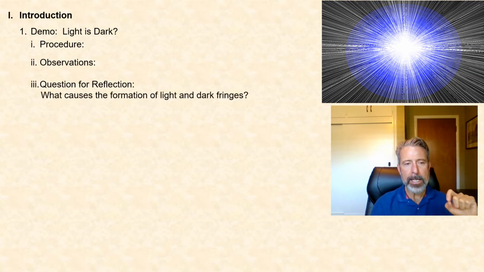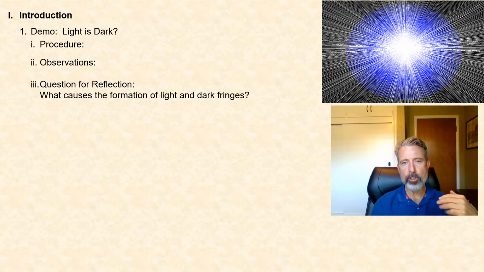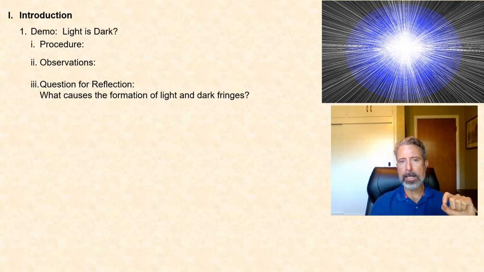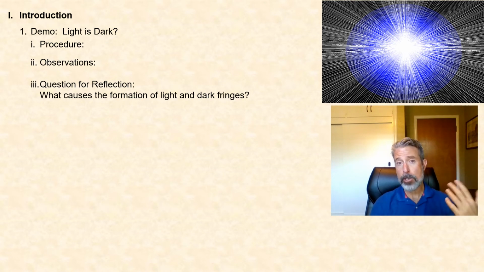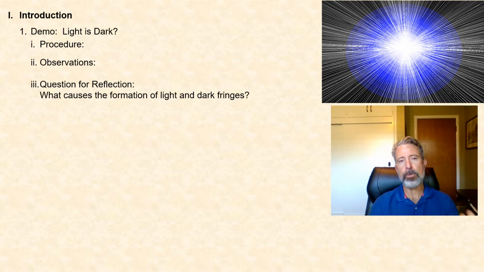So in trying to answer the question, what causes the formation of the light and dark fringes that you see on the screen? It turns out that the ray model of light that we used in our discussion of both reflection and refraction is inadequate, is insufficient to explain the phenomenon that we just observed in this video clip.